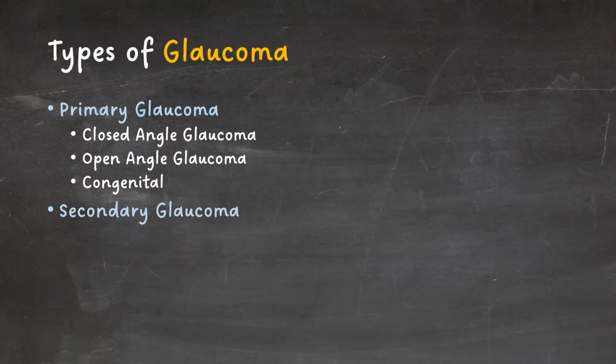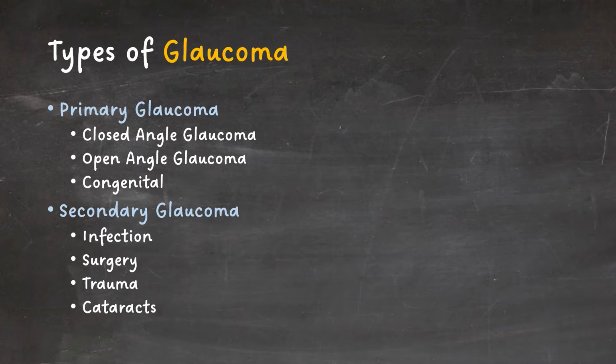Congenital tends to occur due to structural abnormalities within the eye that occur during intrauterine development, whereas the other two describe the angle of the anterior compartment of the eye, which we will explain in the following slide. Secondary glaucoma typically refers to increases in intraocular pressure caused by infection, surgery, trauma, cataracts, or neoplasms. So here we will mainly be focusing on closed and open angle glaucoma.